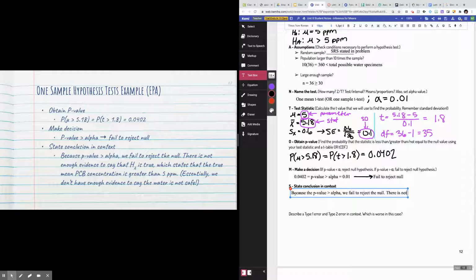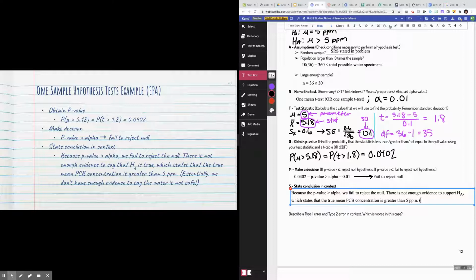Then you would say there is not enough evidence to support HA, which states that the true mean PCB concentration is greater than 5 parts per million.